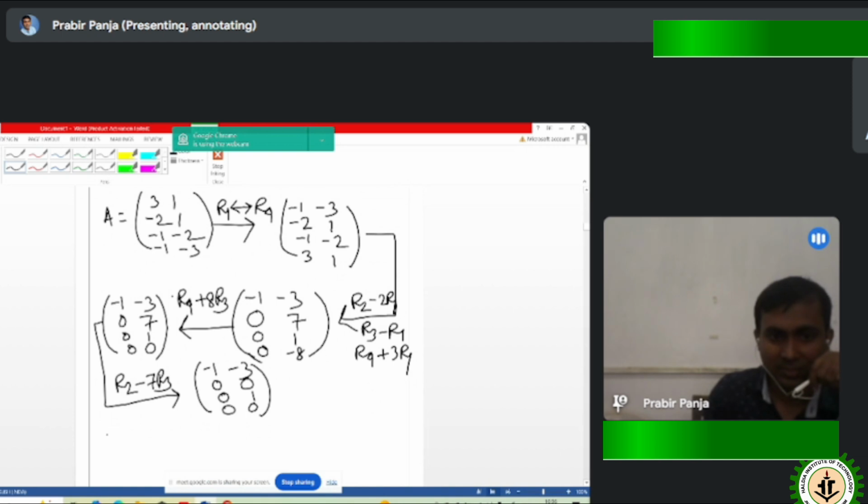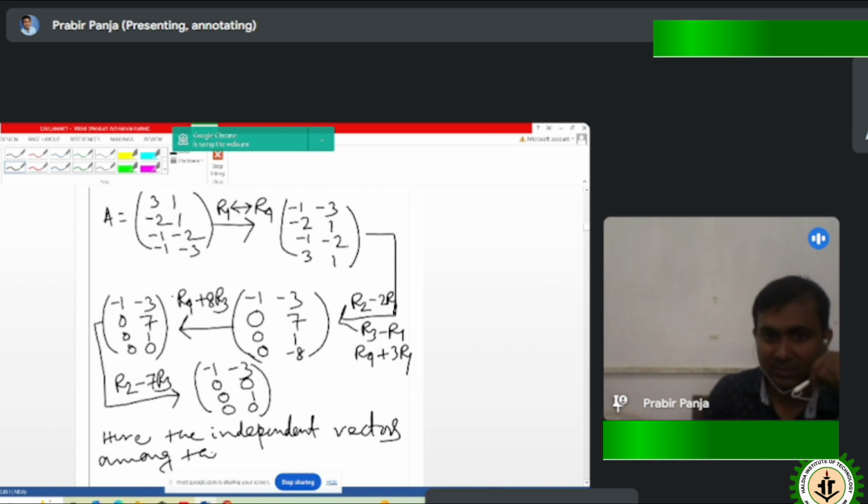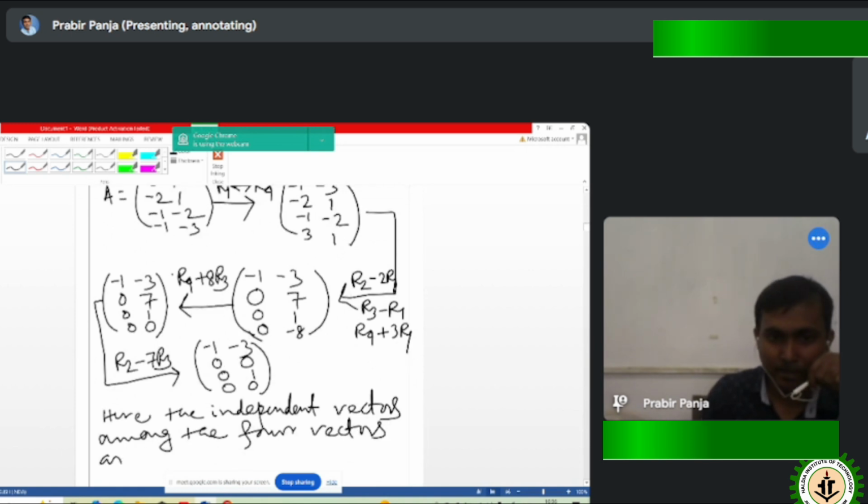So here we can say the independent vectors among the four vectors are: one is minus 1 minus 3, another is minus 1 minus 2.